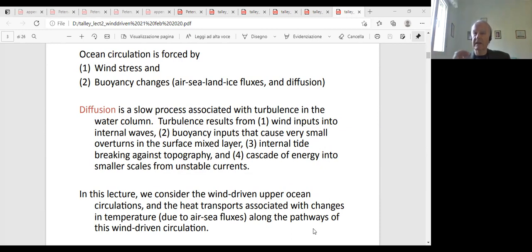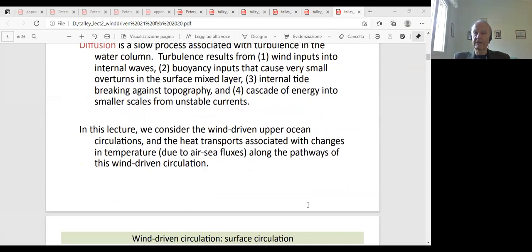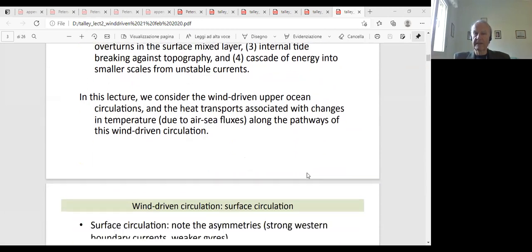These heat fluxes, as I mentioned before, create the differences in temperature between polar and equatorial areas. So you have the mechanical forcing and thermohaline forcing, the forcing due to the differences in either temperature or salinity.